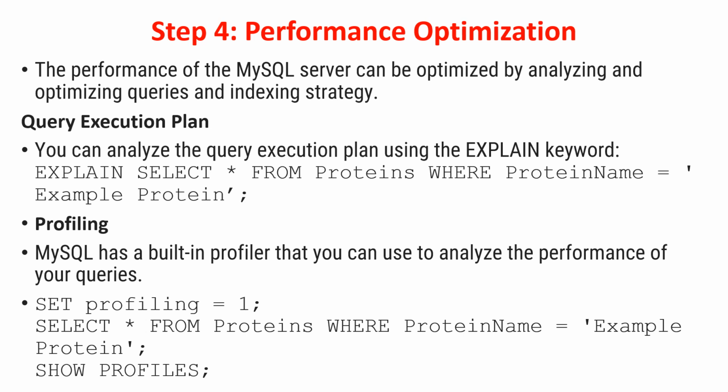So with the explain keyword, you can analyze the query execution plan by typing the command explain select asterisk from proteins, where protein name is equal to open single inverted comma example protein. With that, you can query the plan.